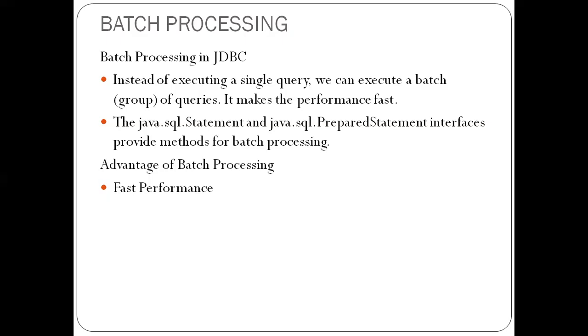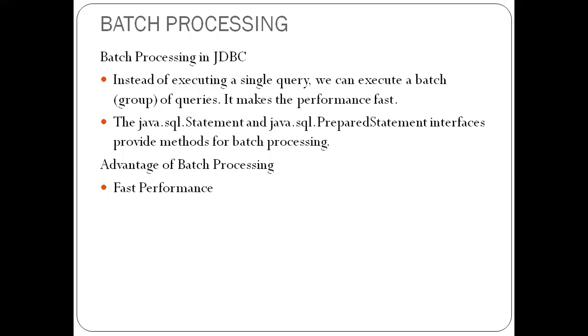What is the difference between batch processing and transaction management? In batch processing, if one command fails in the middle, the previous commands are not cancelled. Whereas in transaction management, if one command fails, then all the other commands also fail.